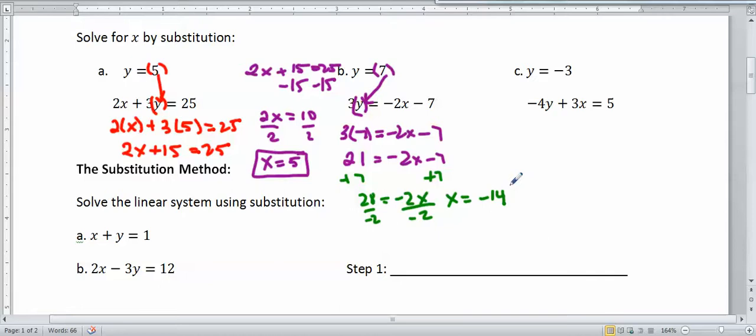Okay, so one more example. Got y is equal to negative 3, and I've got negative 4y plus 3x is equal to 5. Okay, so I need to get rid of one of these variables. Well, since I know that y is equal to negative 3, I can get rid of that by replacing y with negative 3.